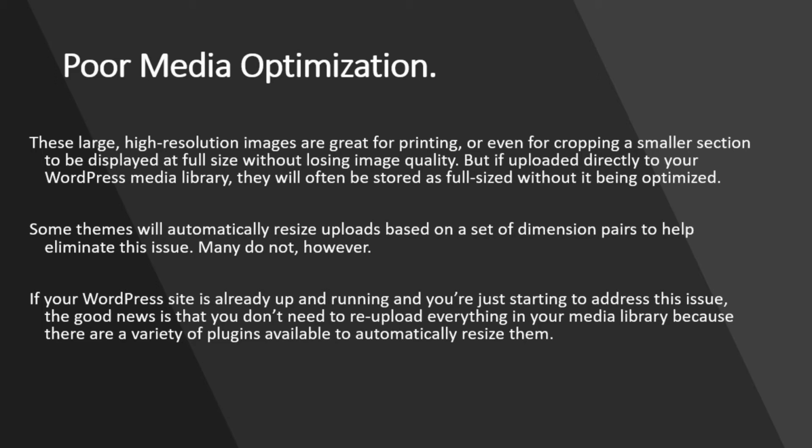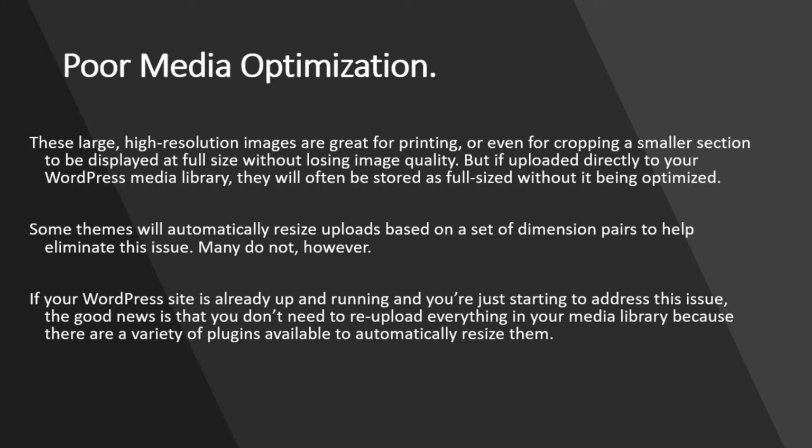When you take a picture with your iPhone or Android device, the image will generally be significantly larger than it needs to be on your website. These large, high-resolution images are great for printing or even for cropping a smaller section to be displayed at full size without losing image quality.